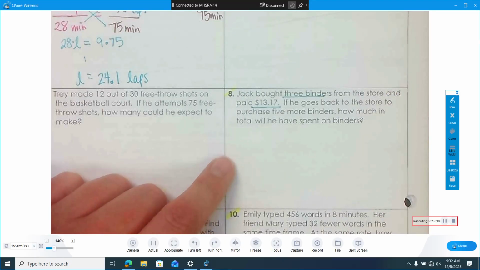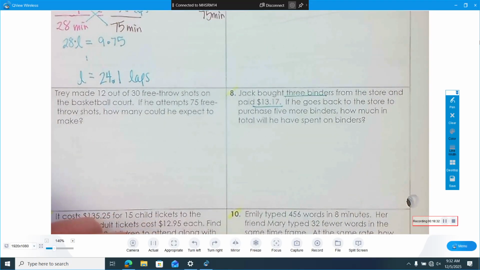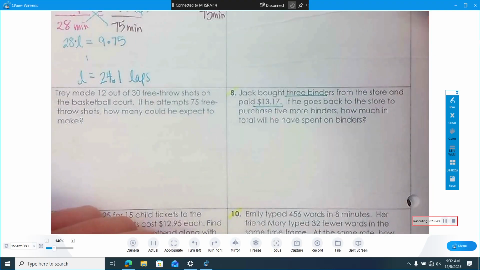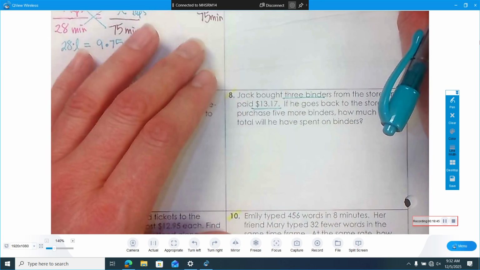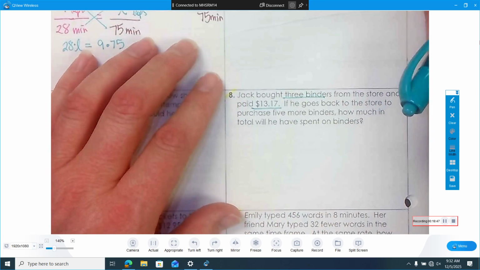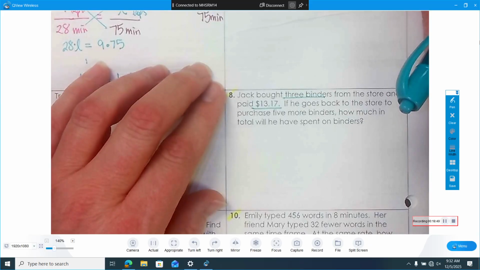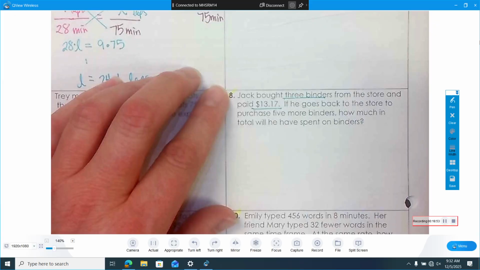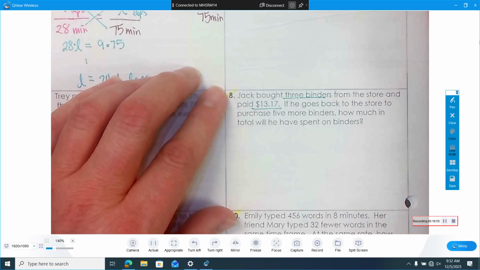Is there only one way to do a problem? No. There's more than one way to do a problem, isn't there? The objective of this worksheet is to use proportions. And this problem, actually, we could solve another way pretty easily. You already did. Did you use a proportion, or did you just figure it out?